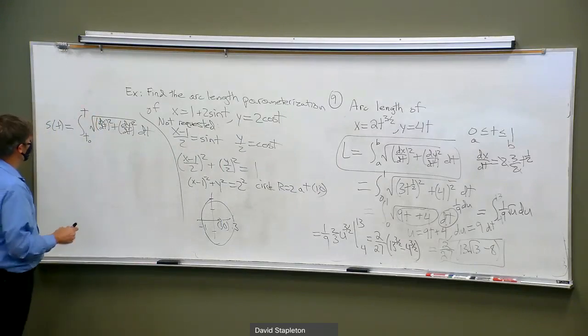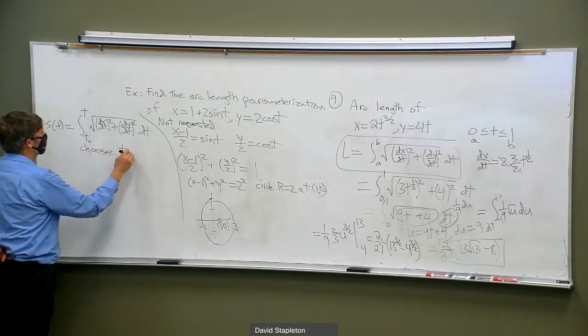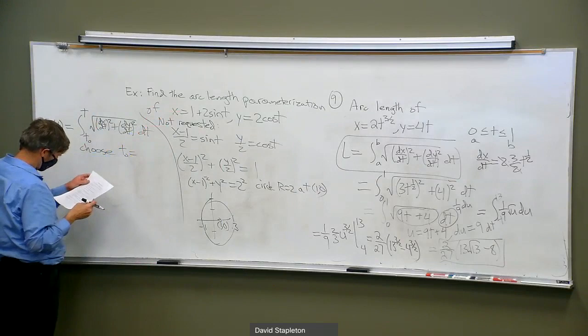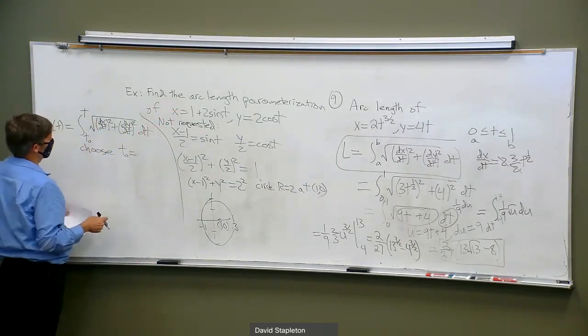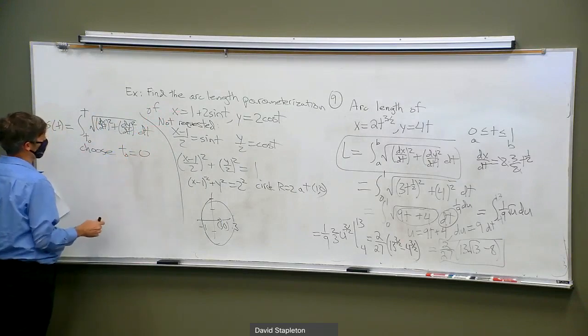So for this one, if I choose t0 equals 0, just to start, again, I didn't say relative to a particular t0. So let's choose t0 equals 0 just for simplicity.